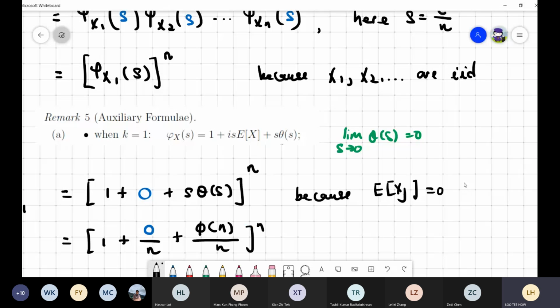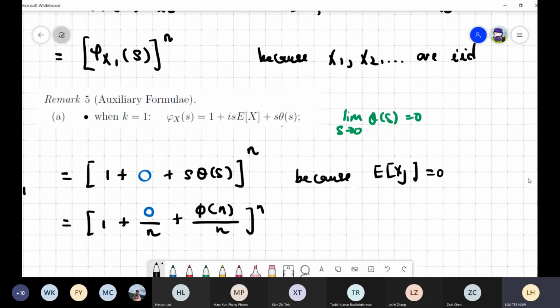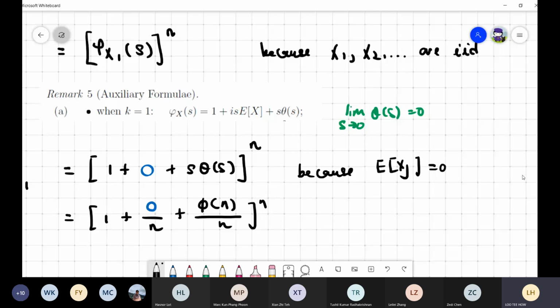Okay, here what we can do is use some kind of multiplication. So we have s times theta(s) according to our formula. So this is t over n times theta of t over n, right? So then we can combine this together.